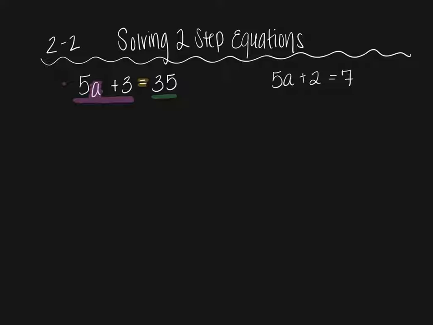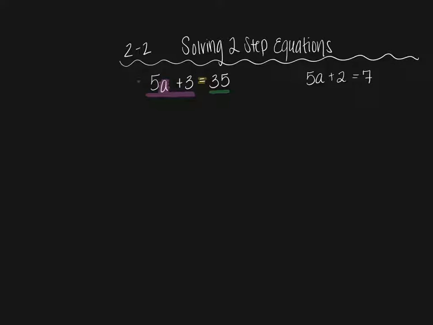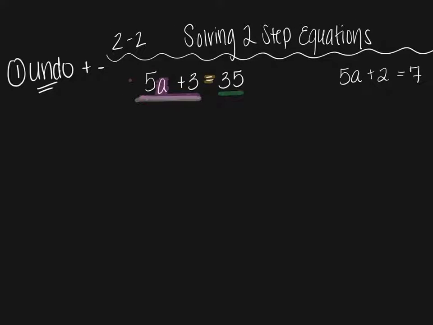The first thing I always do when solving a two-step equation, let's see if we can review from class, is to undo addition or subtraction. So do I have any addition or subtraction going on this pink side right here? Yes, I do. I'm adding 3 to my 5a.